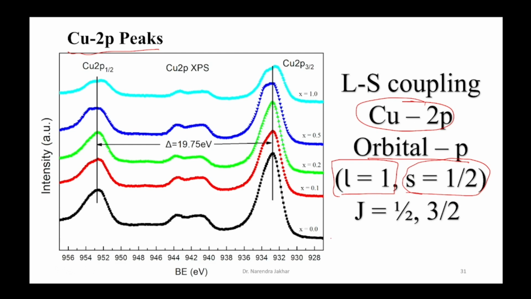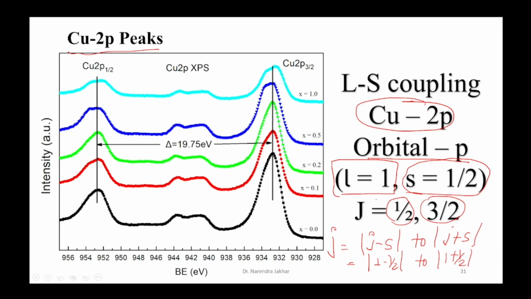Half. So the j values are what? From l minus s to l plus s in integral steps. So 1 minus 1/2, to 1 plus 1/2. This leads to 1/2 and 3/2, two different j values.